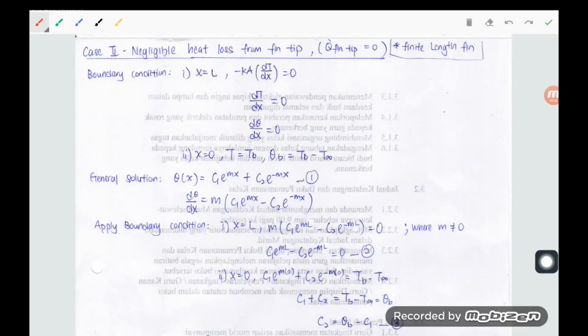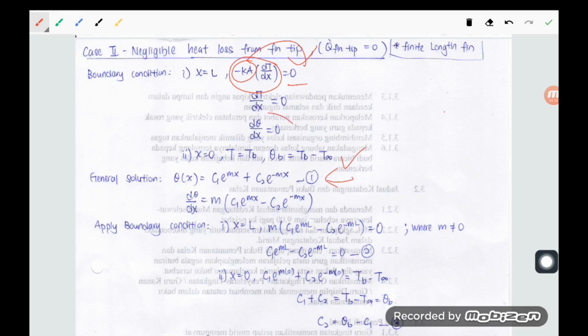For this case, we add an insulator at the end of the fin. We can assume that there is no heat loss from the fin tip. The heat conduction is 0, so d delta over dS equals 0. The second boundary condition, when s equals 0, is the same as in case 1. We substitute into the general solution again.